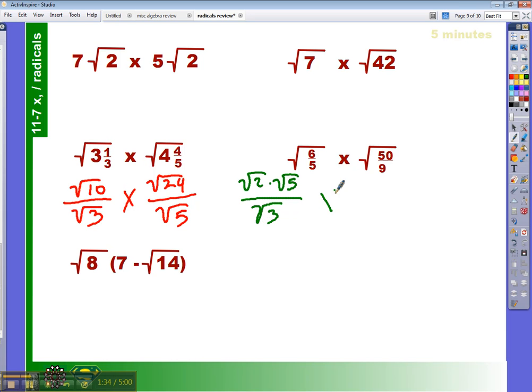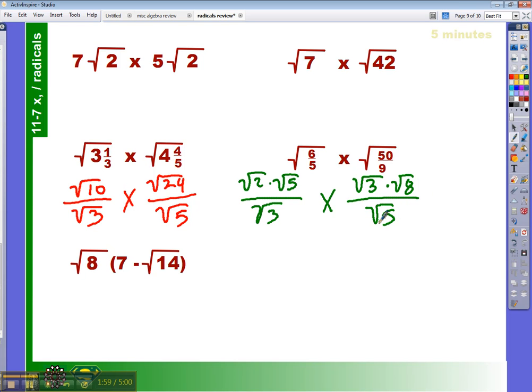We're going to multiply that by square root of 24. Now, does 24 have any factors? Or can we break it apart? In particular, we're paying close attention to this term right here, 3 and 8. So I have the square root of 3 times the square root of 8. Now, I know this has a perfect square factor. I'm going to get back to this later. That's all over the square root of 5.